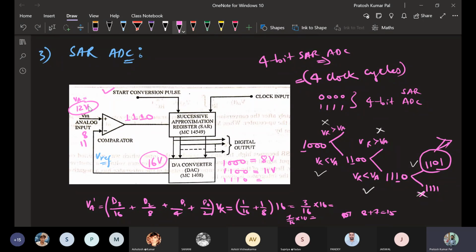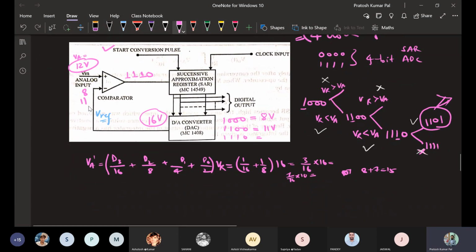So the start of operation will be done. Start of conversion signal, and then the comparison will be done. In the case of the SAR type of ADC, its advantage is that it is simple to implement, it takes less time, and less hardware is required.